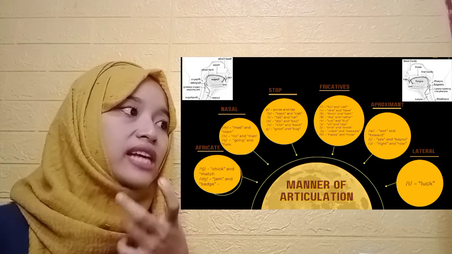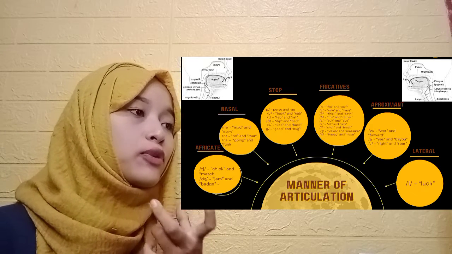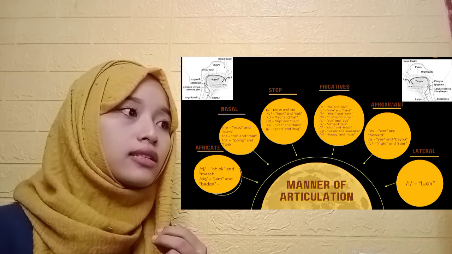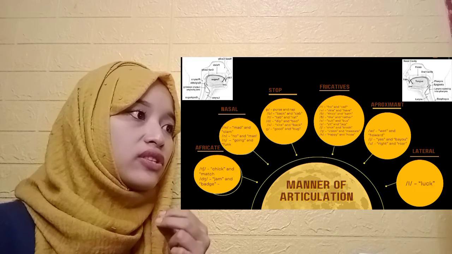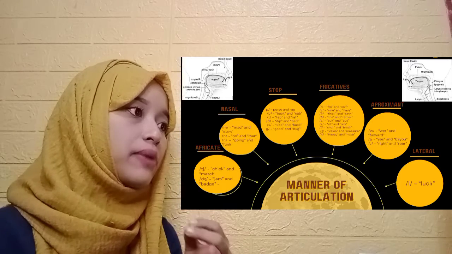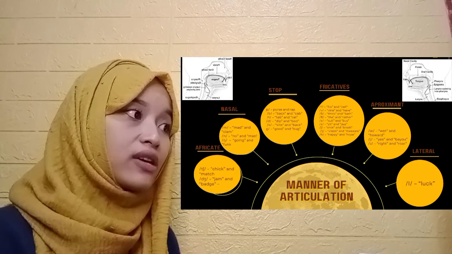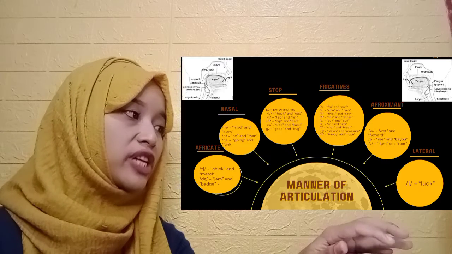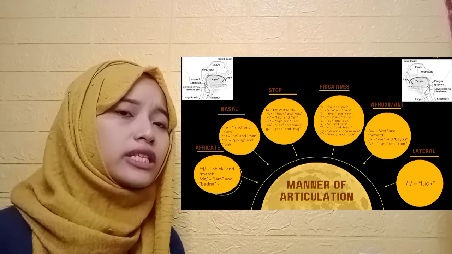Air is blocked with the tongue just beyond the alveolar ridge. The release is a fricative. And the second is j, as in jump and badge. Air is blocked with the tongue just beyond the alveolar ridge. The release is a fricative.